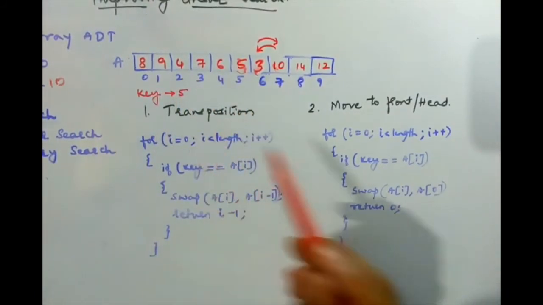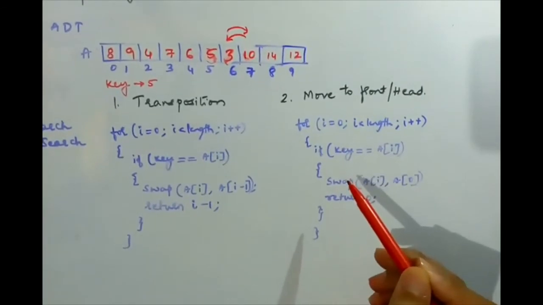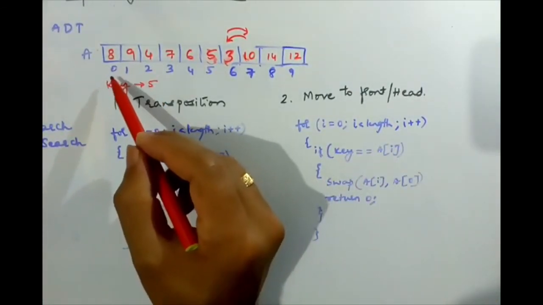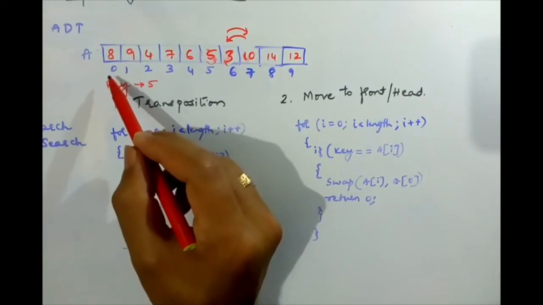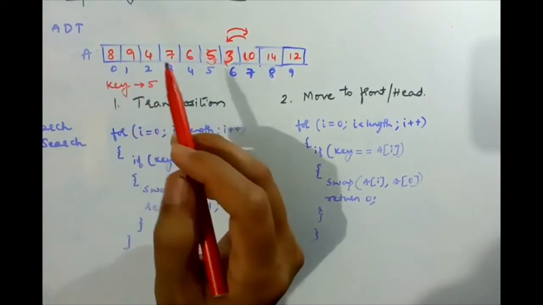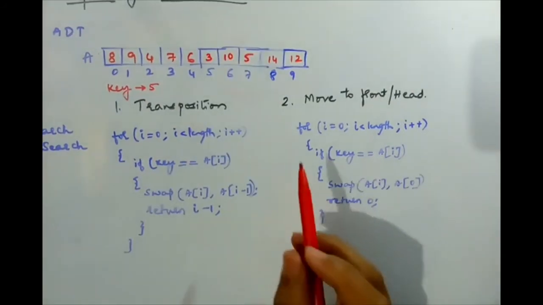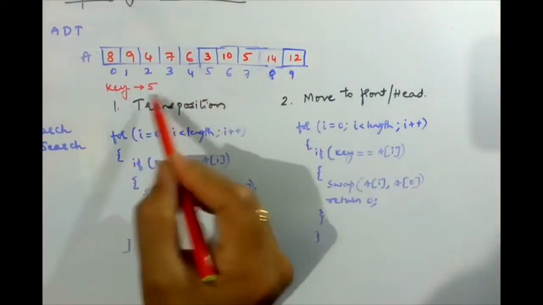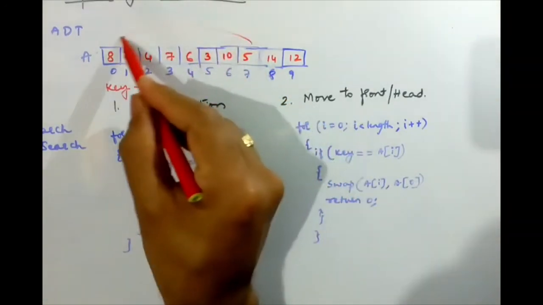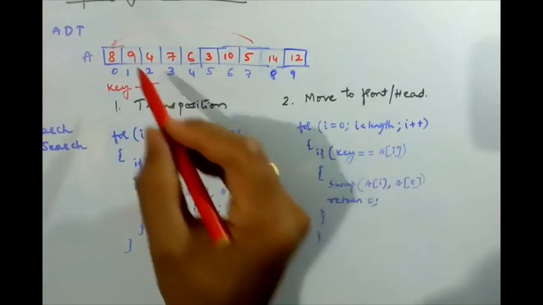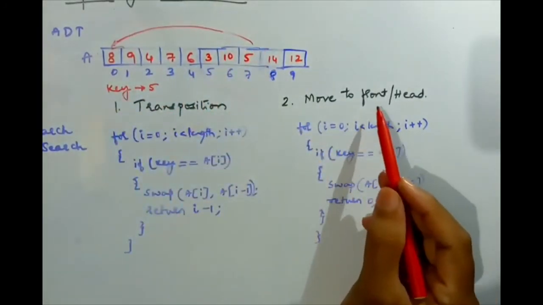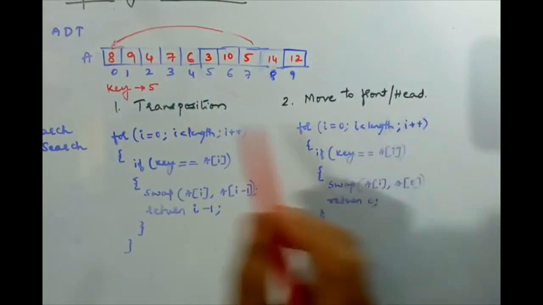So for this reason we have another method which is move to front. Front is 0 or head is also 0. So in this method, we move the search key element 5 to the front, that is the head.